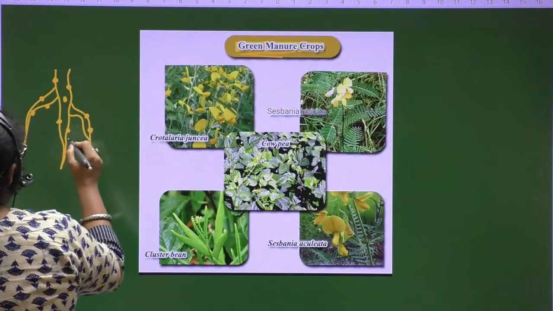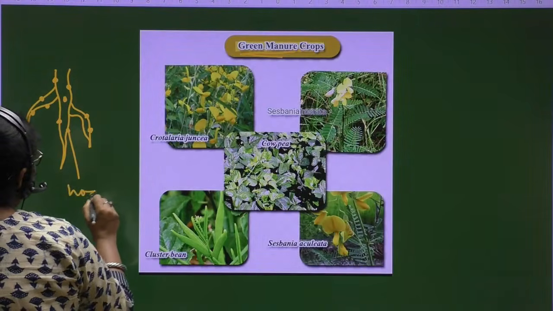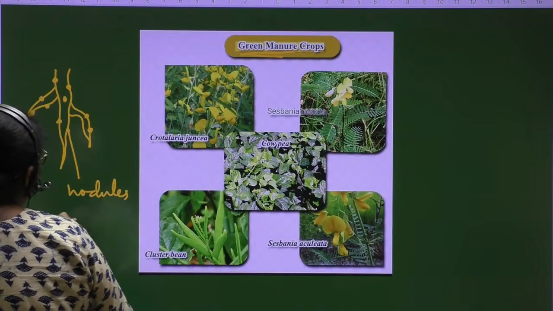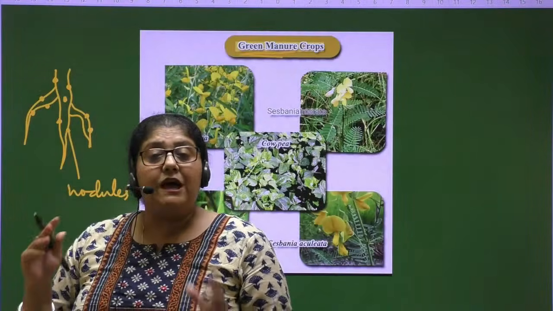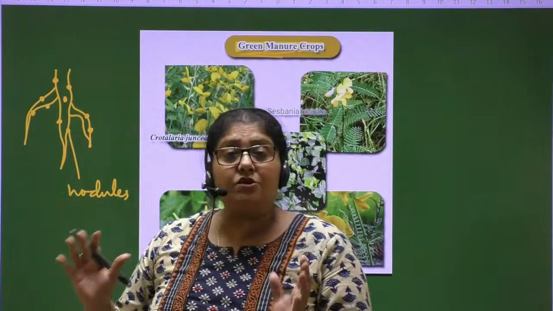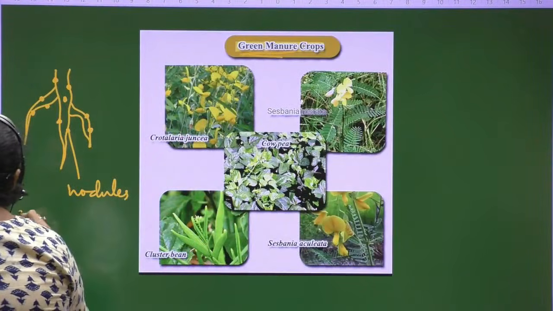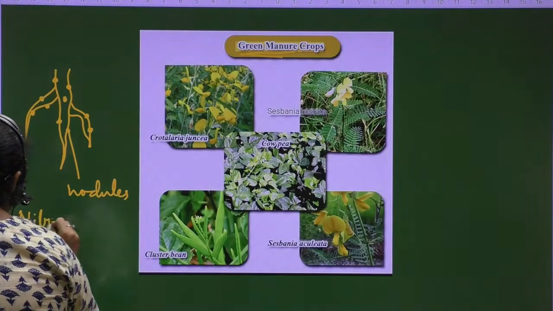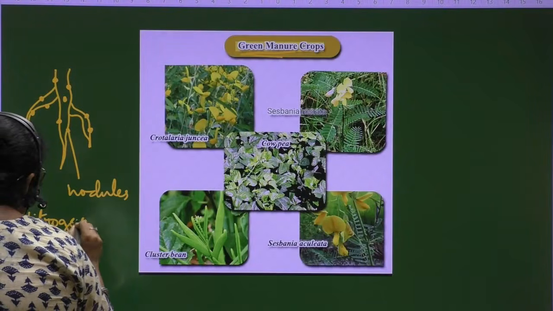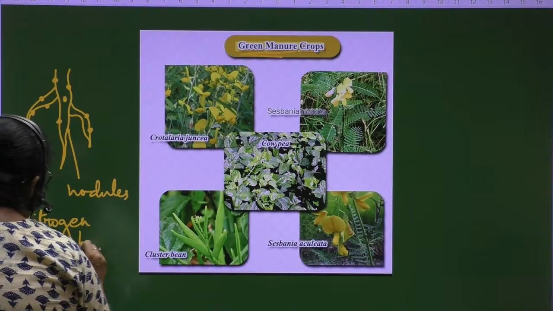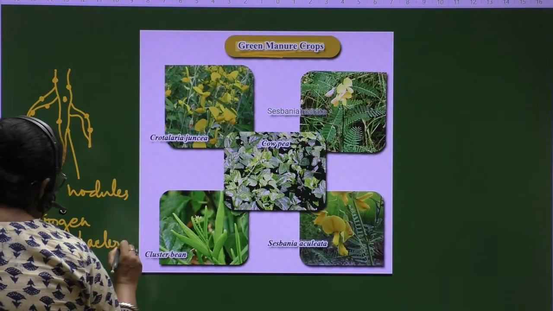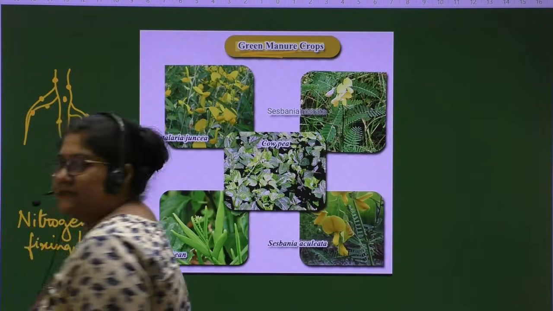These swellings are called the root nodules, and in each of these nodules you find millions of nitrogen fixing bacteria.